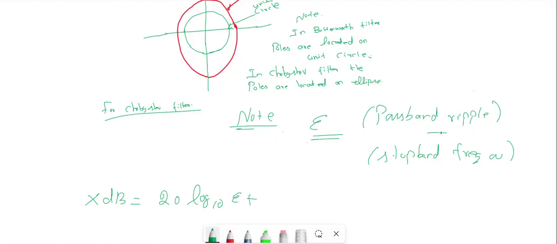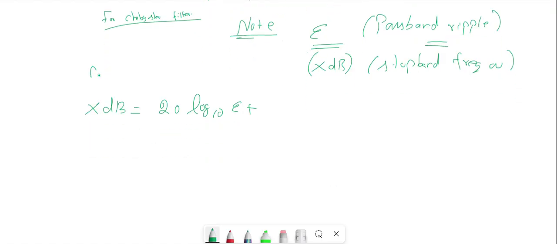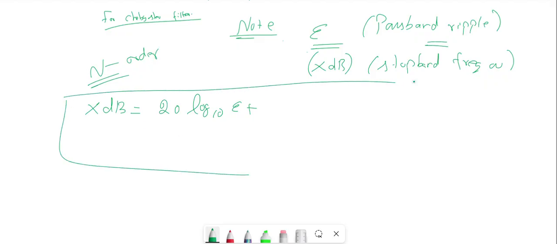So if the maximum passband ripple is specified, the epsilon may be calculated, and if attenuation in dB is specified at a particular stop band frequency, then the order of the filter n may be calculated directly by using this formula: log epsilon to the base 10 plus 6 of n minus 1 plus 20 n log of omega by omega c to the base 10.